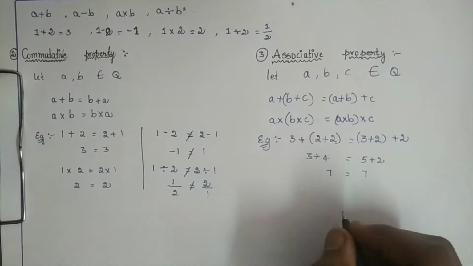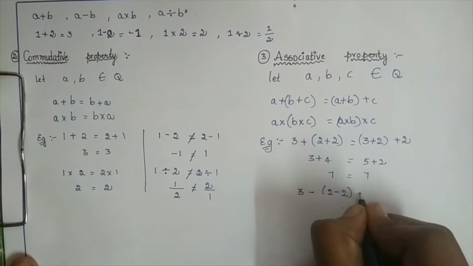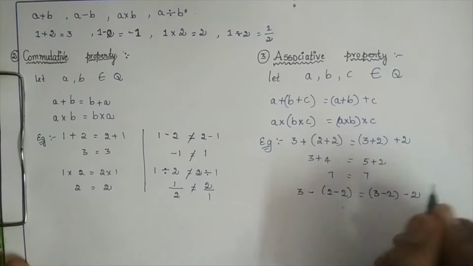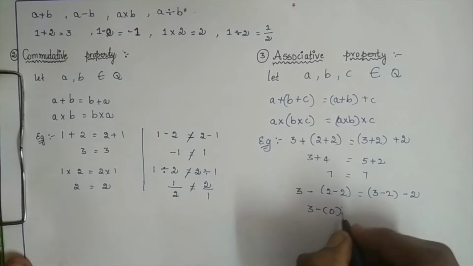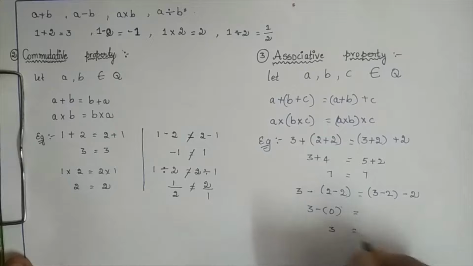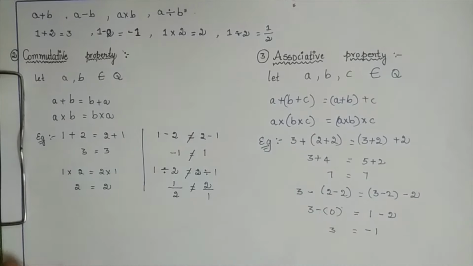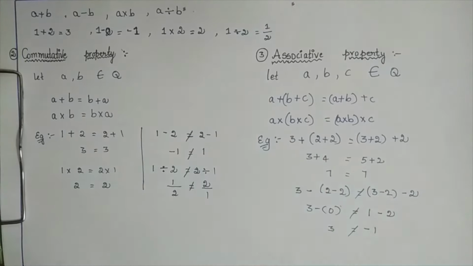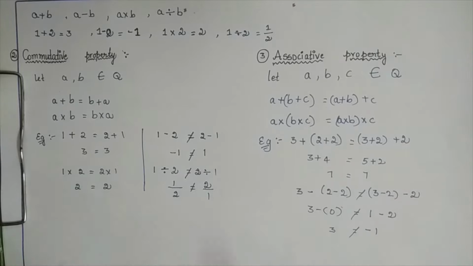Under subtraction, if you take 3 minus (2 minus 2) is equal to (3 minus 2) minus 2. So 2 minus 2 is 0, 3 minus 0 is nothing but 3. Here 3 minus 2 is 1, 1 minus 2 is nothing but minus 1. So here it is not equal. 3 is not equal to minus 1. So it is not satisfying subtraction and division.